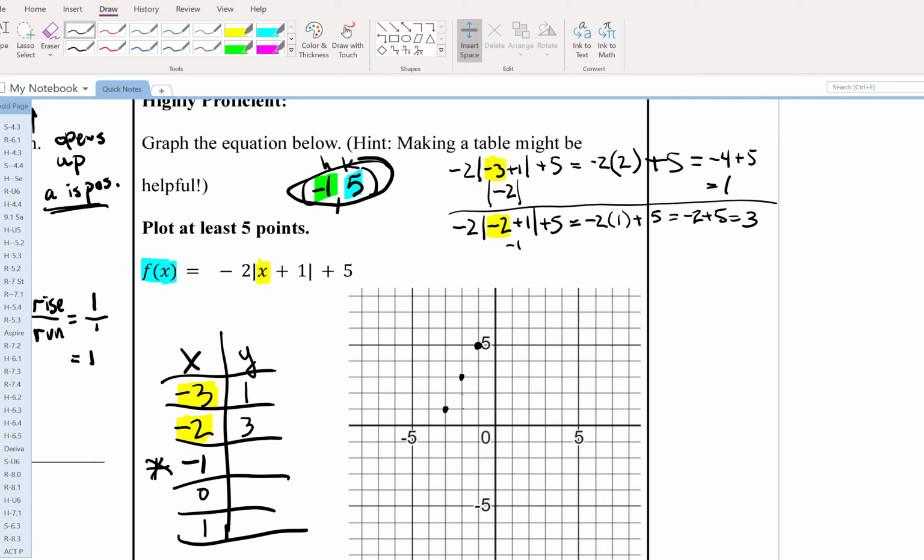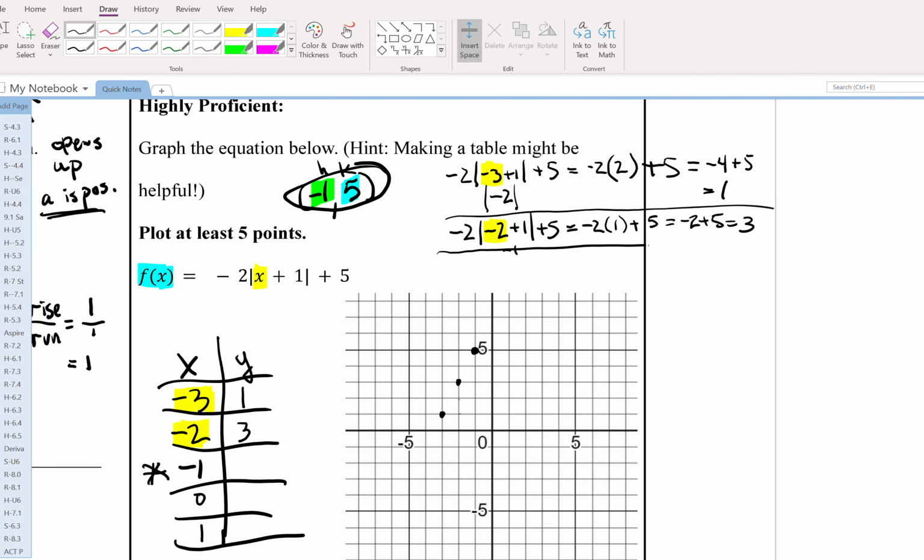All right, let's kind of see maybe what that's doing. But what happens at 0? Oh, negative 1 we already know. I'm sorry. Negative 1 we know that we are at 5. We did that one at the beginning. So now we're looking at 0.